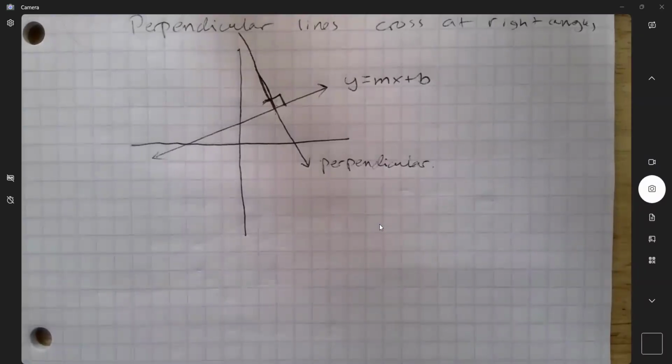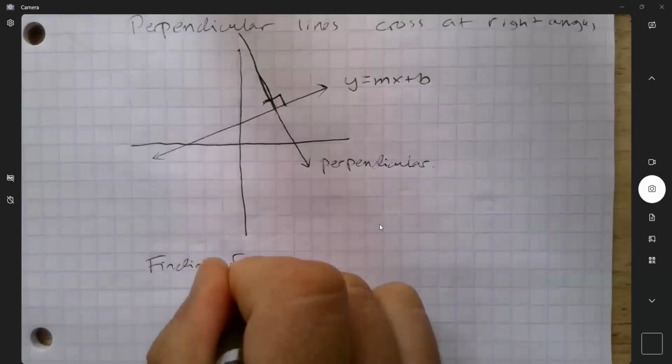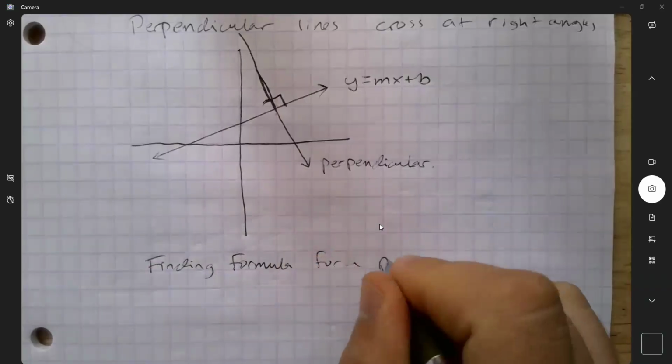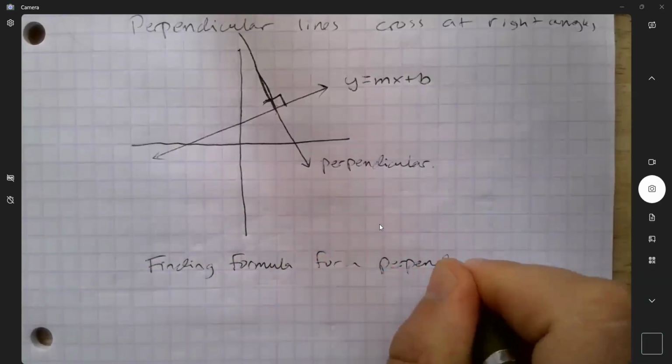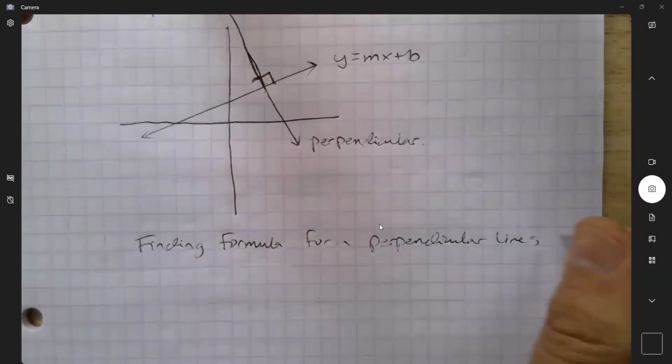Parallel lines, you just keep the slope and you move the y-intercept up or down. Perpendicular lines, you have to do a little bit more work.